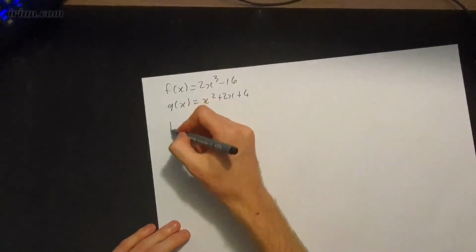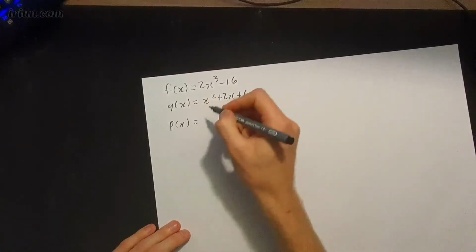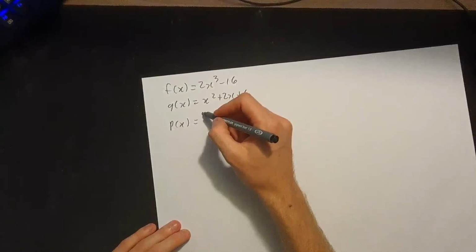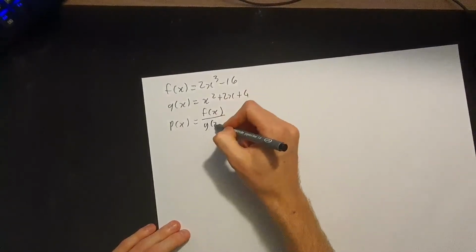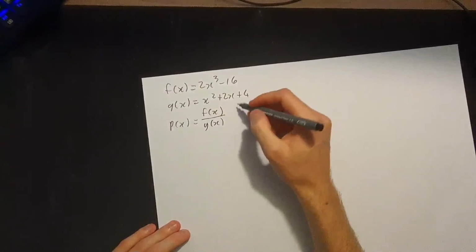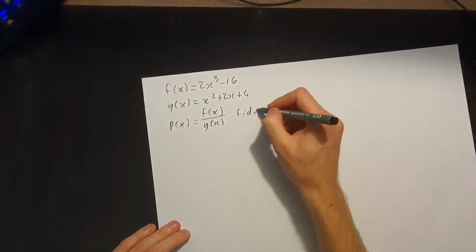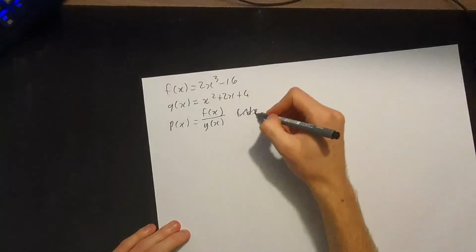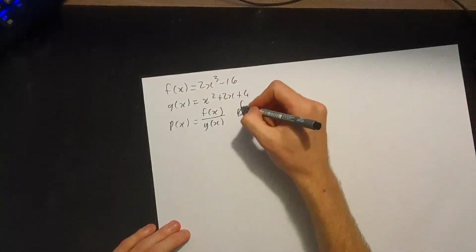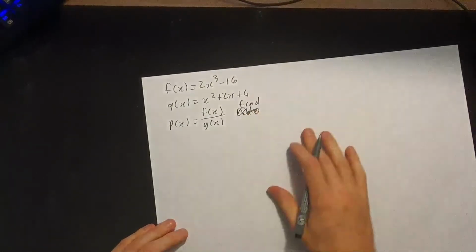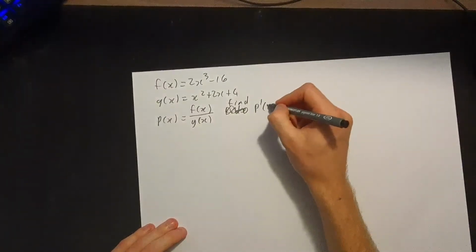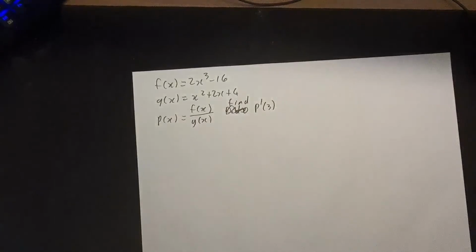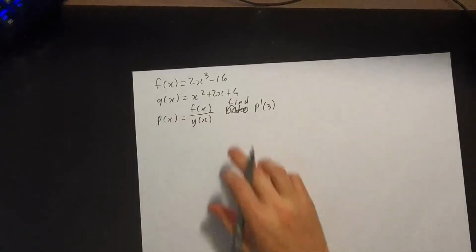And then they say if p of x equals f of x over g of x, find p prime at 3.